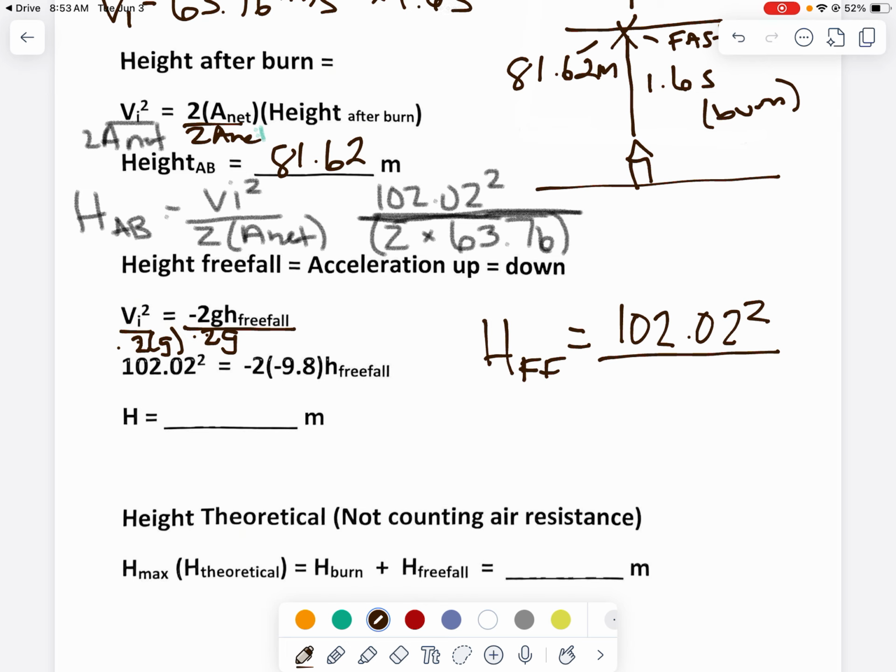And the reason we're doing that is 9.8 is our gravitational constant, but we don't want a negative number here. So we just made that negative. We could have absolute valued it too. 19.6. Pause this again and make sure you've got the right answer.